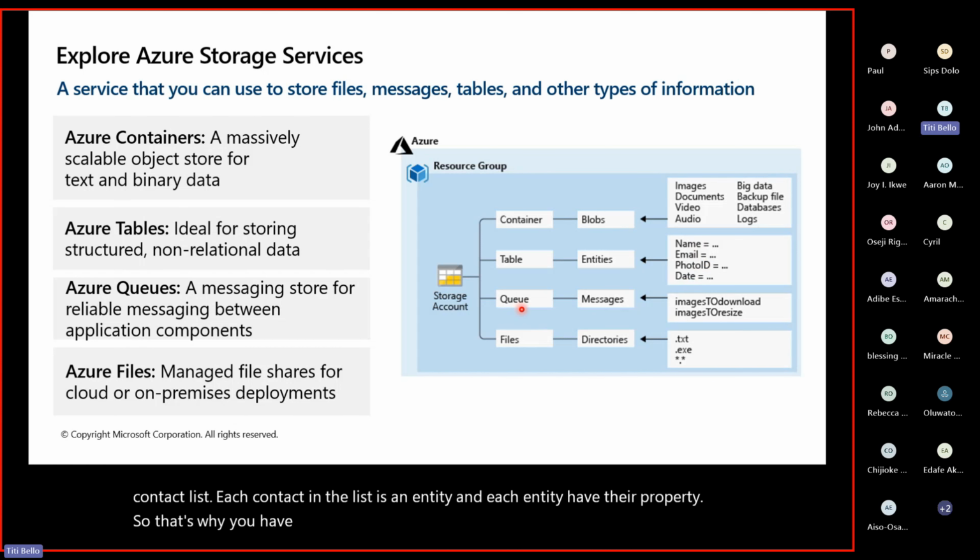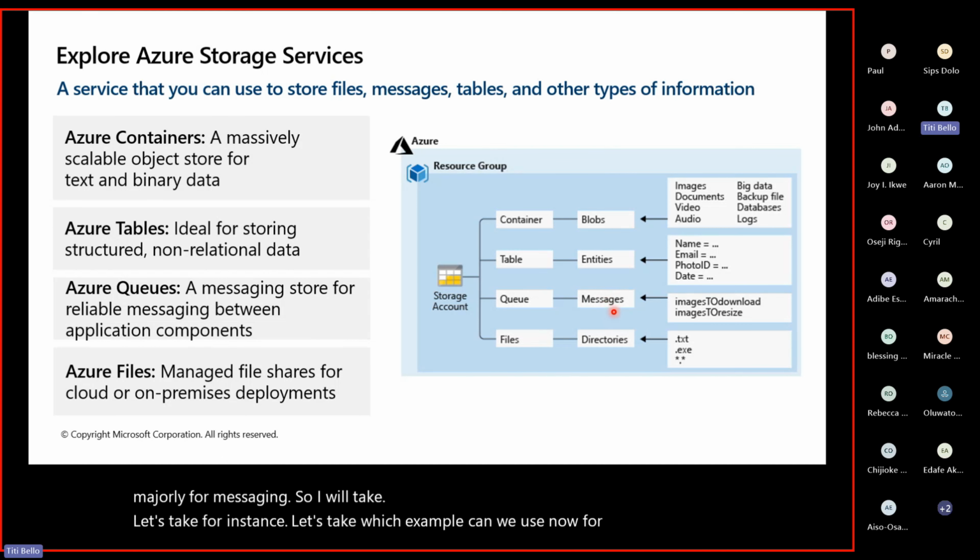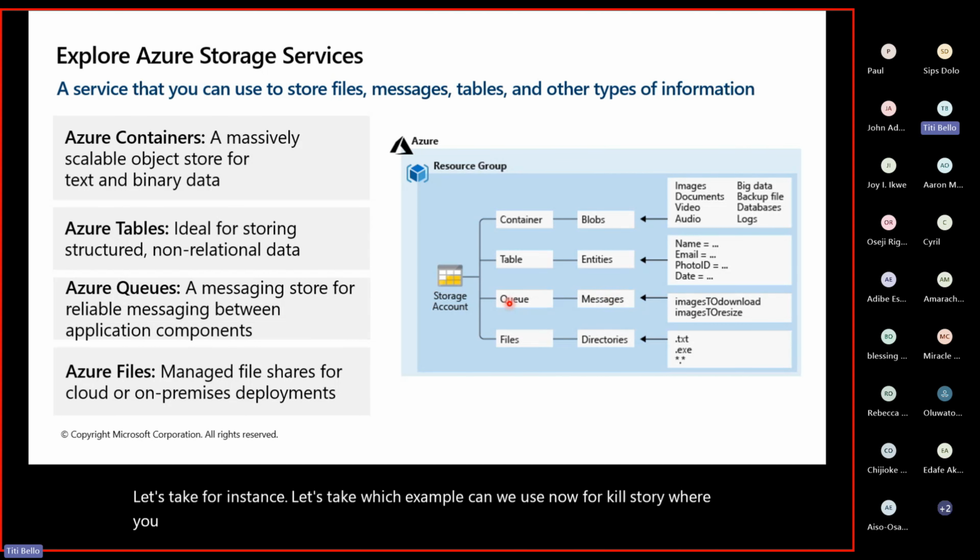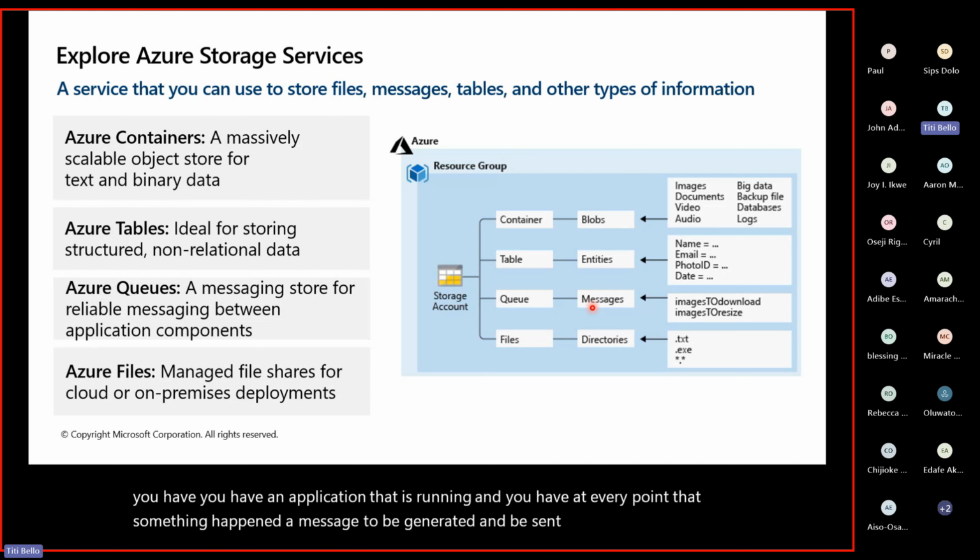Then you have queue storage. Queue type of storage is used mainly for messaging. Let's take an example where you have an application that is running, and at every point that something happens, a message is generated and sent to maybe some other application.